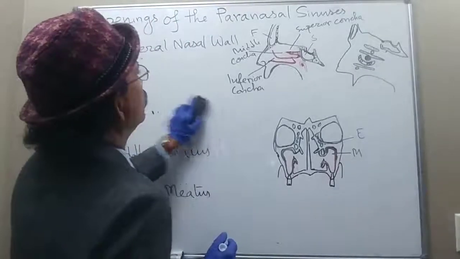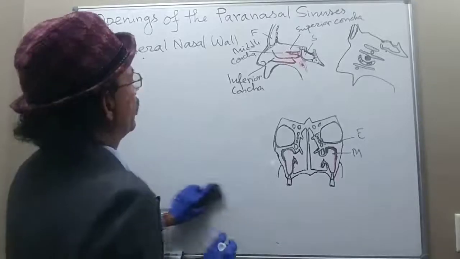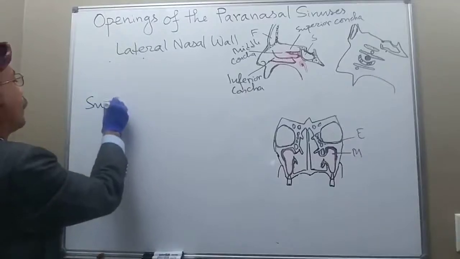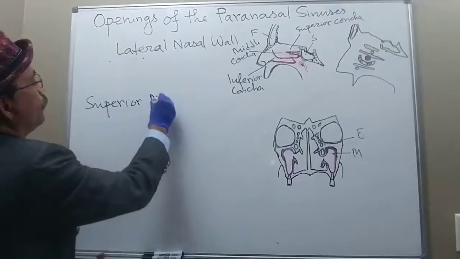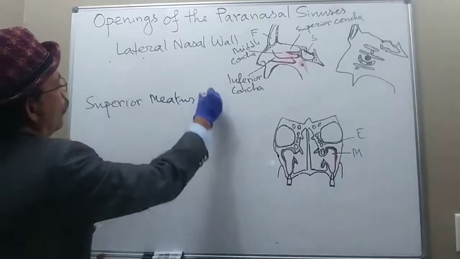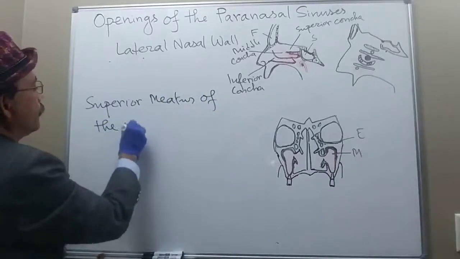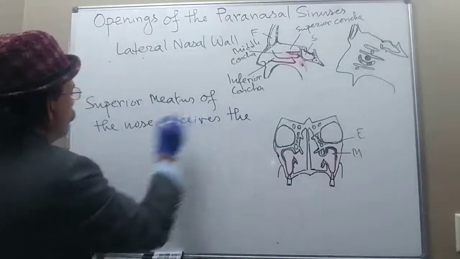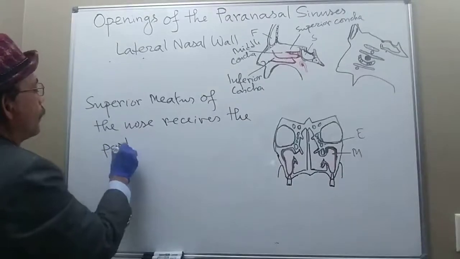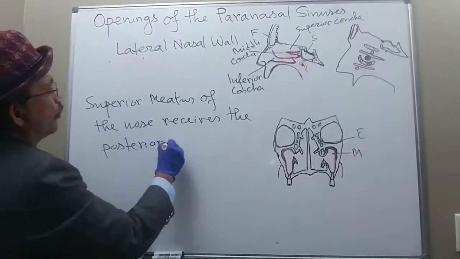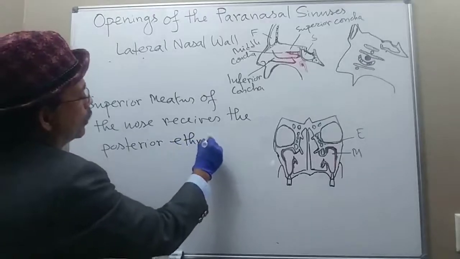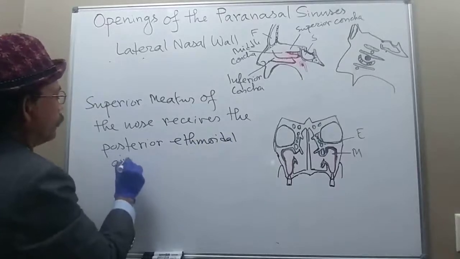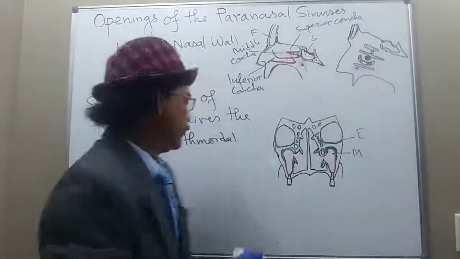If we go to the superior meatus of the nose, the superior meatus of the nose receives the posterior ethmoidal cells, the posterior ethmoidal air cells, or posterior group of ethmoidal sinuses.